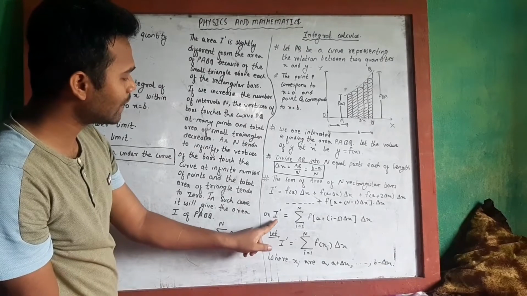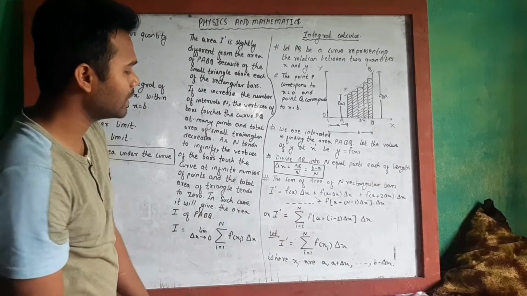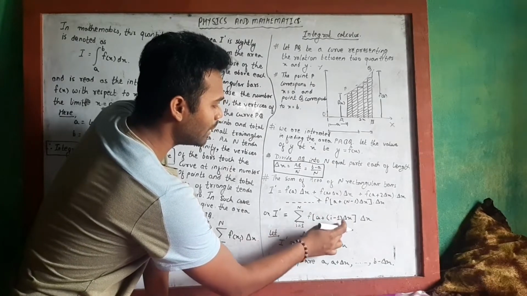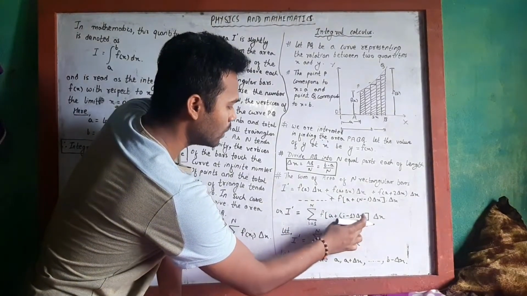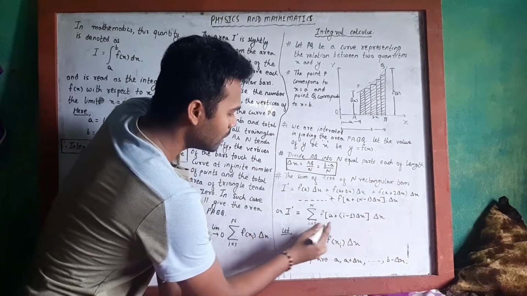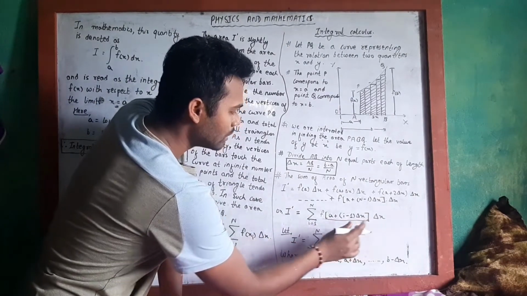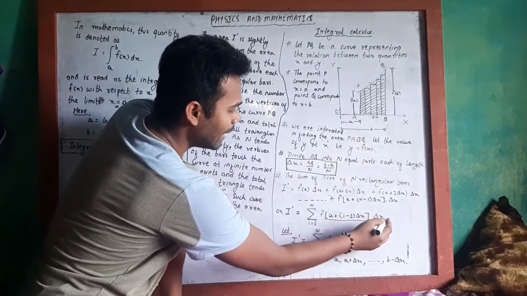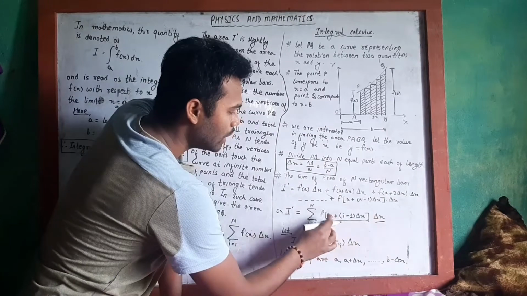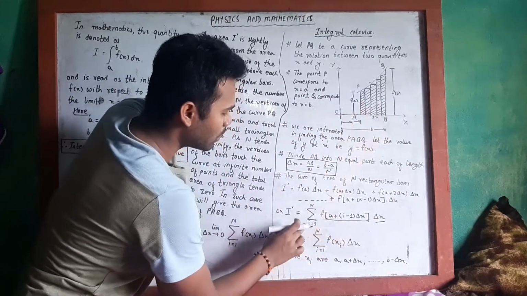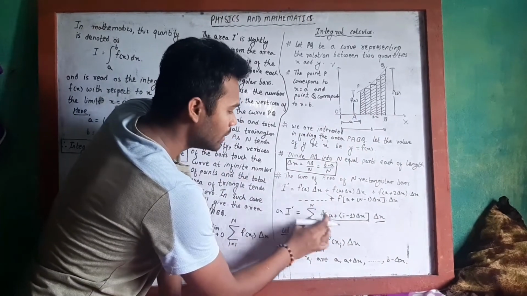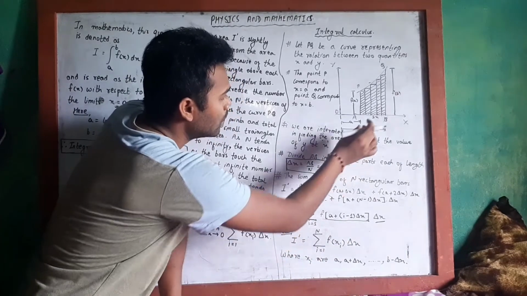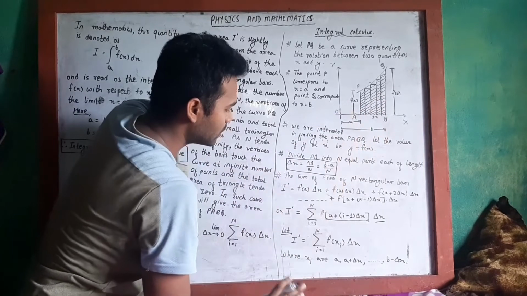This I dash can be written as I dash equals the summation of f(a plus (i minus 1) del x) into del x, where the first factor gives the height of the ordinate, or the height of the rectangles, and del x is the base. If we sum all the rectangular bars from i equals 1 to n, it will give the sum of the areas of all the rectangular bars here.